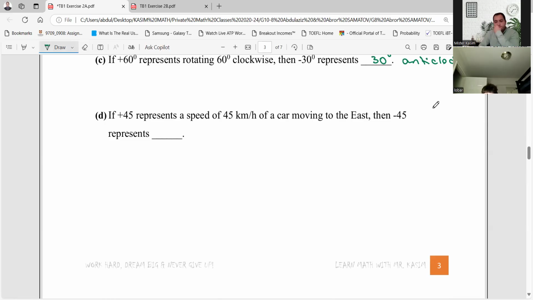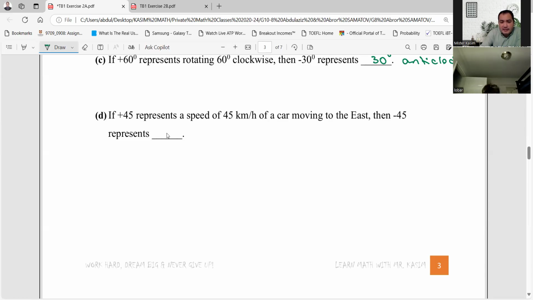If positive 45 represents a speed of 45 kilometers per hour of a car moving to the east, then negative 45 represents what?